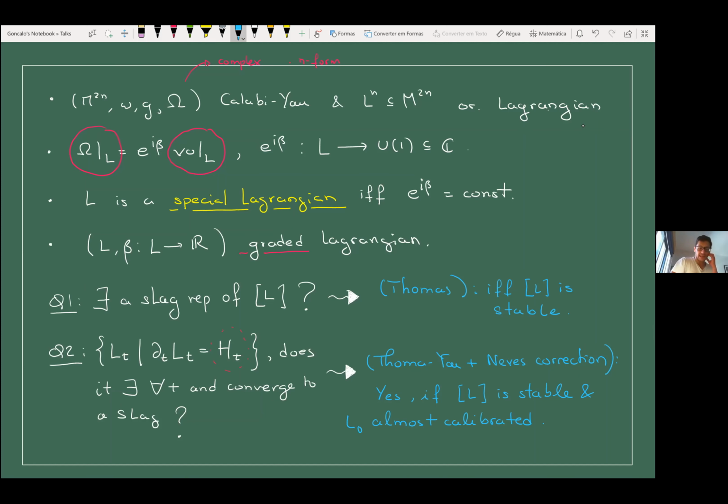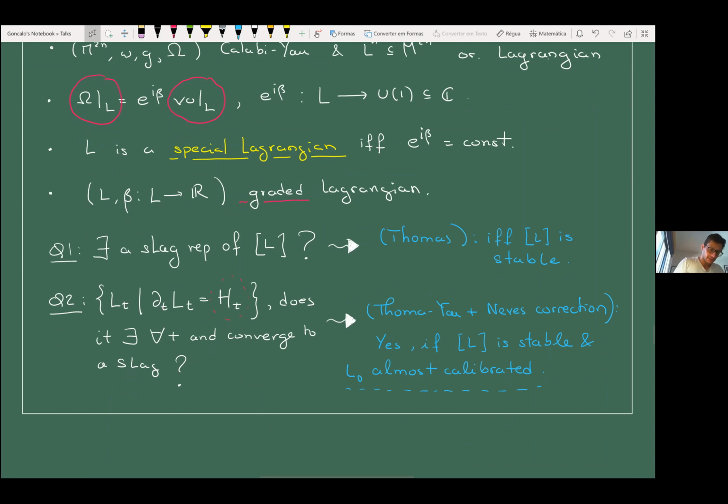Almost calibrated was originally not part of the conjecture, but it was added after André Neves proved that the conjecture is wrong without that hypothesis. Almost calibrated means that the total variation of beta is less than pi: the supremum of beta minus the infimum of beta on L naught is less than pi.